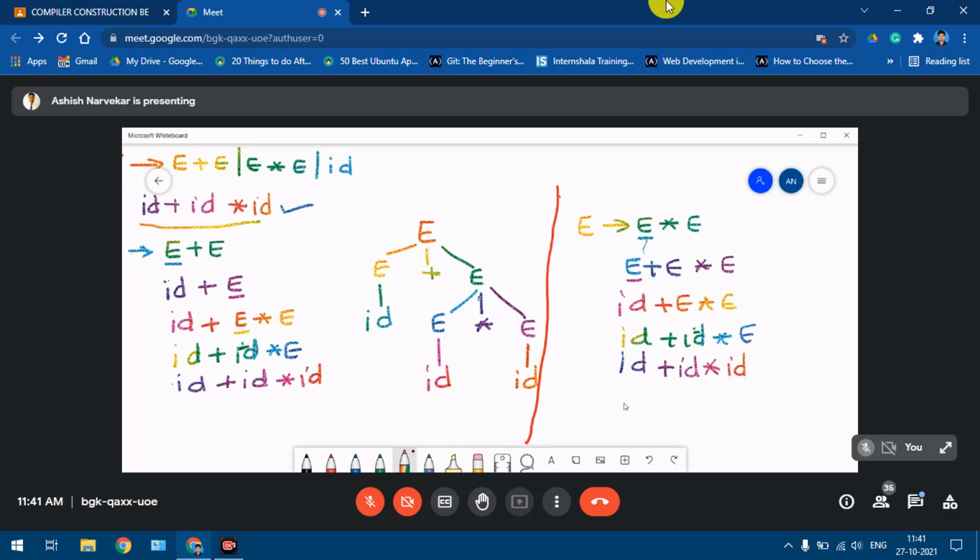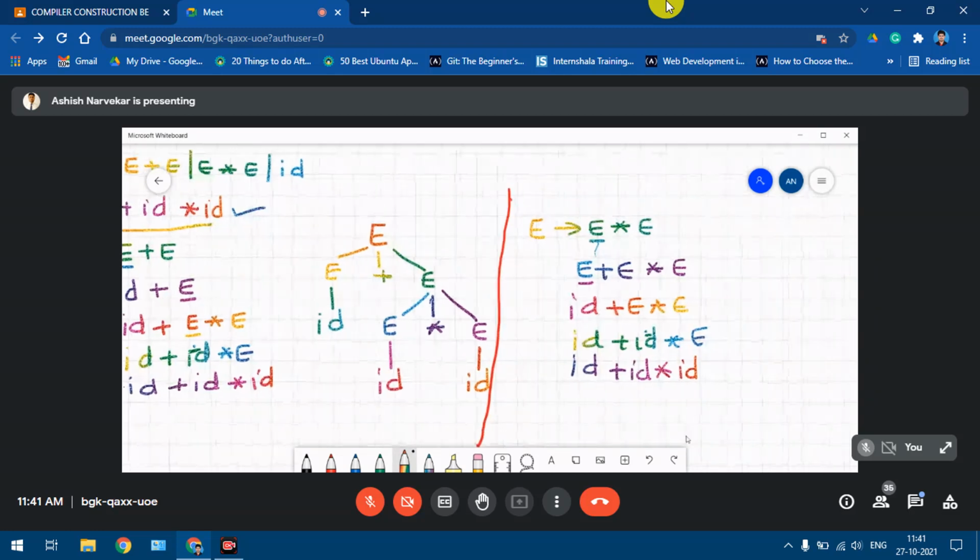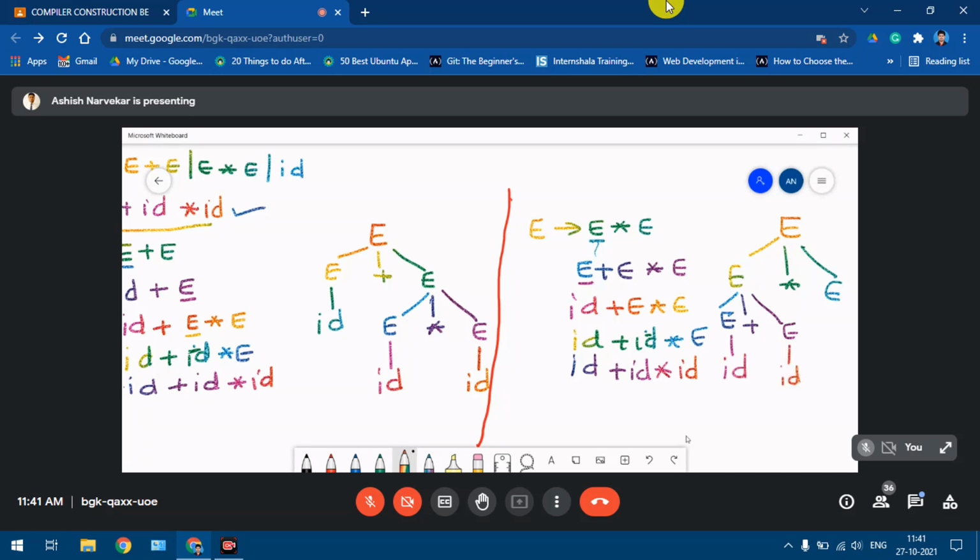Okay. So now if we draw the parse tree for this, we should get E gives E star E, then this E is further expanded as E plus E. This will be ID, then this will be ID, finally this will be ID.